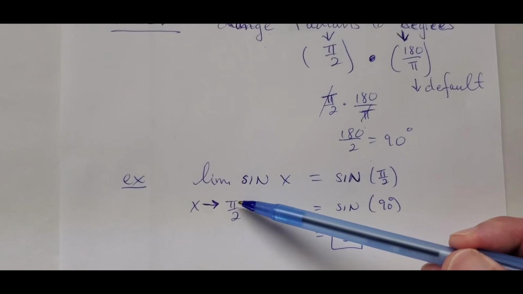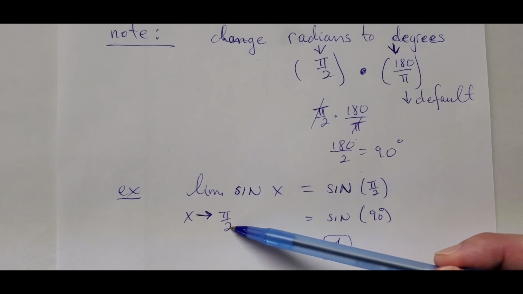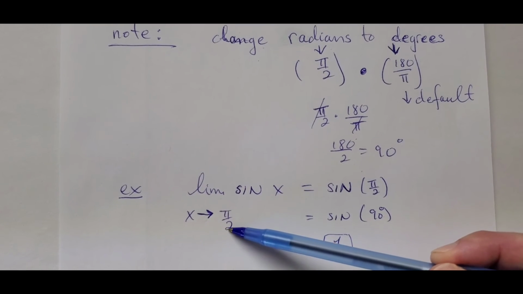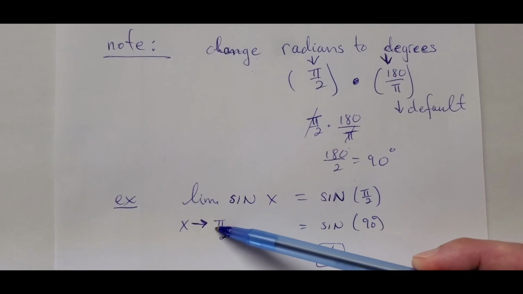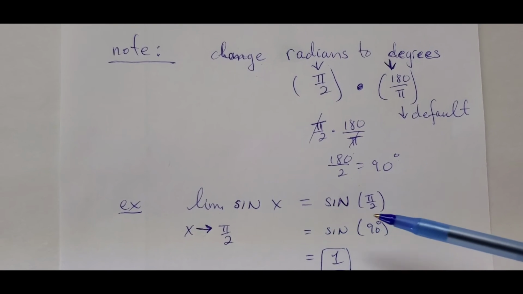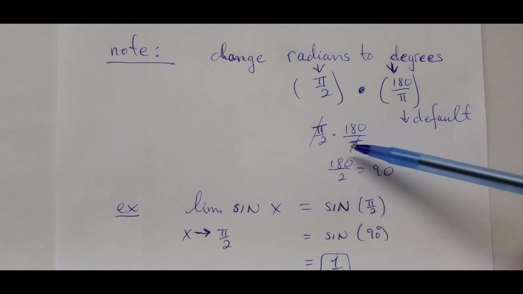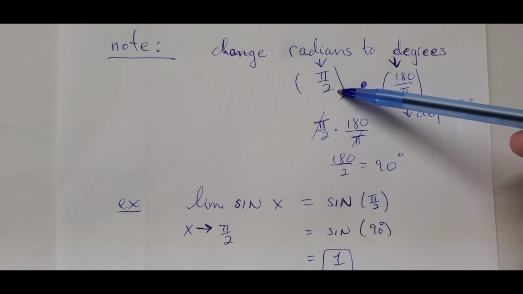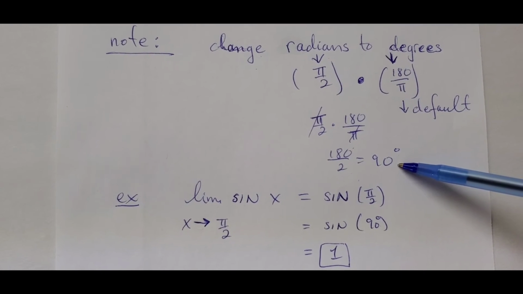Here our value is not 0 anymore. It is in radians, so you need to change radians into degrees. We already did that up here where I say note: pi over 2 times 180 over pi gives me 90 degrees.